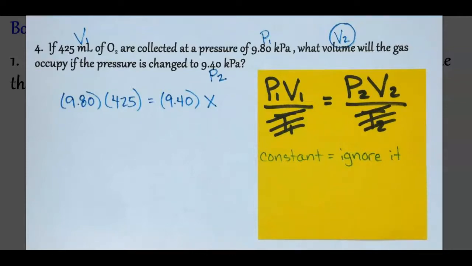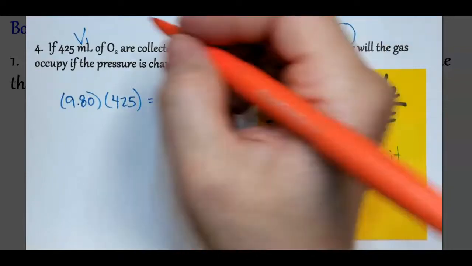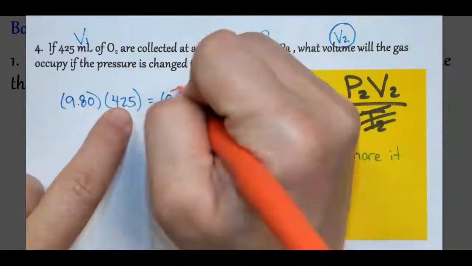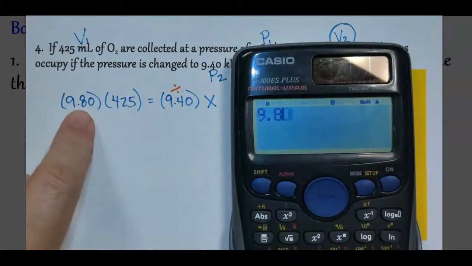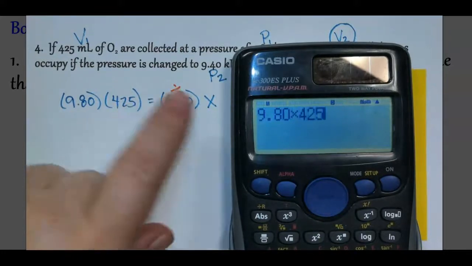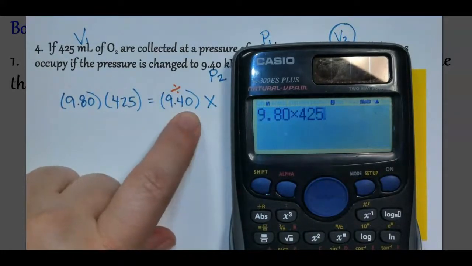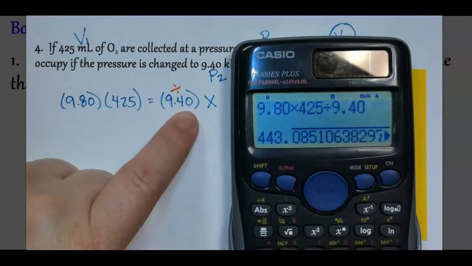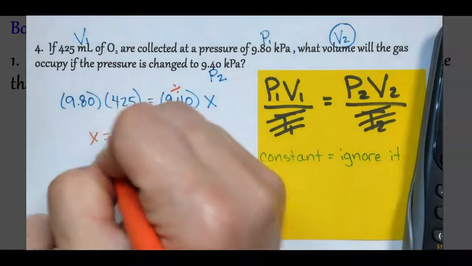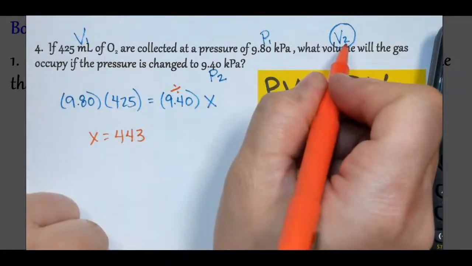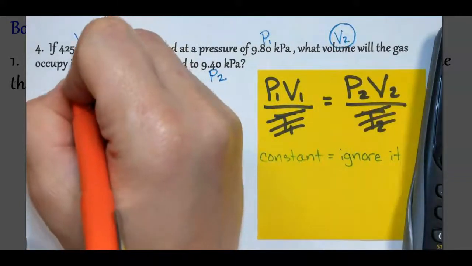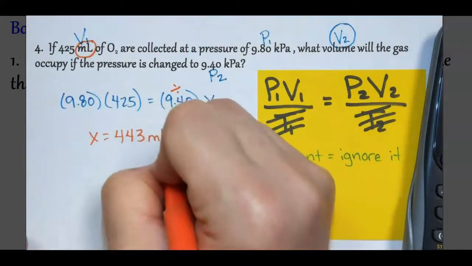Remember to start multiplying not on the side with the X, so it's going to be this times this, and then divided by this value here. So we'll do 9.80 times 425, and then I'm going to divide by the number on the side with the X to get my final answer of 443. Remember that since my V2 is what I'm solving for, then whatever the unit is of V1, that's the unit of my answer.